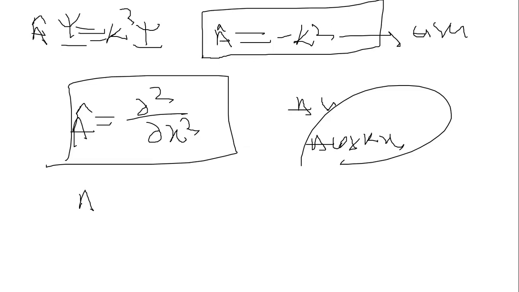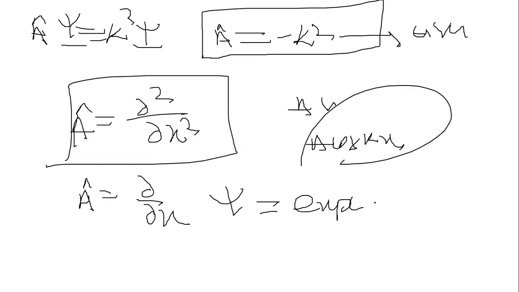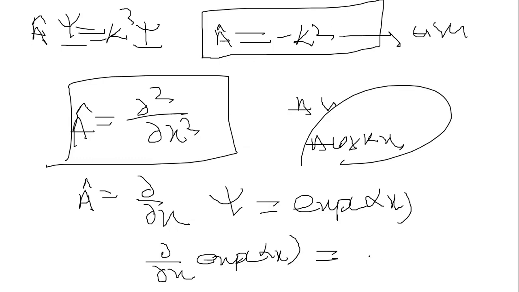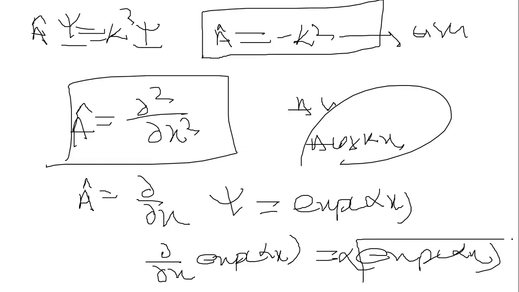But if you take the operator A cap equal to del by del x, and suppose the wave function psi is exponential alpha x, then when you operate, it will be how much? Del by del x of exponential alpha x. Taking the derivative, we will get alpha into exponential alpha x. So this exponential alpha x is again produced, so it is psi.